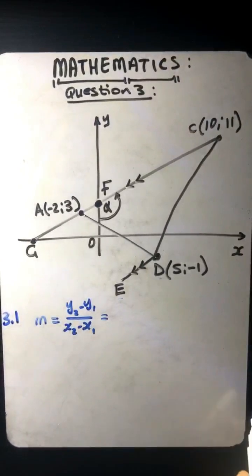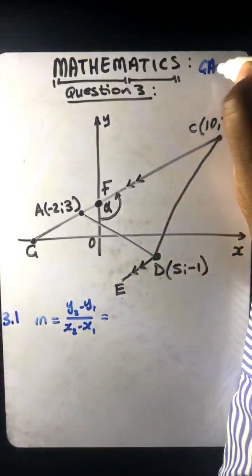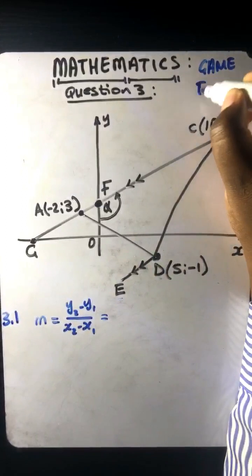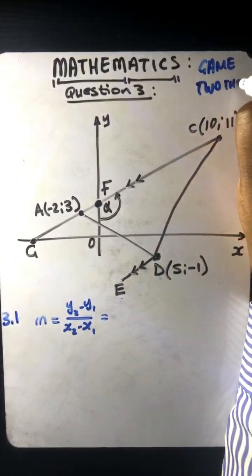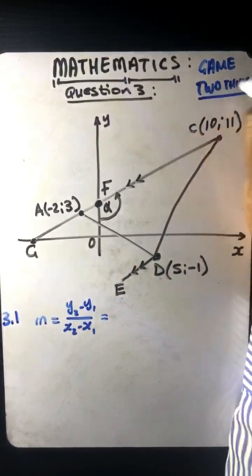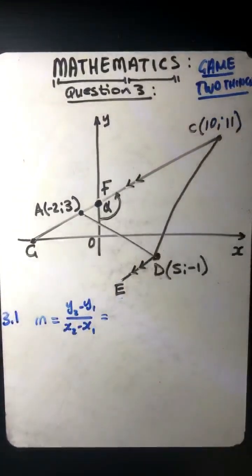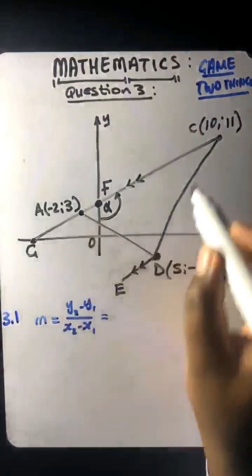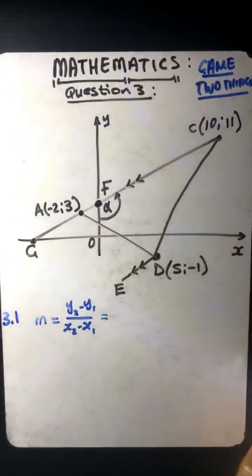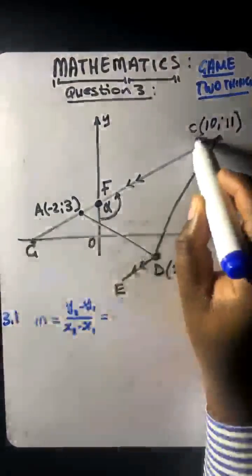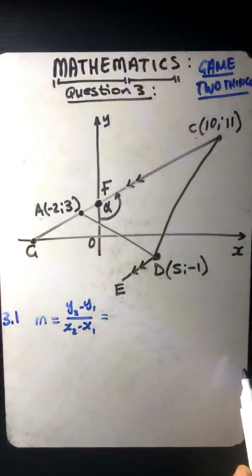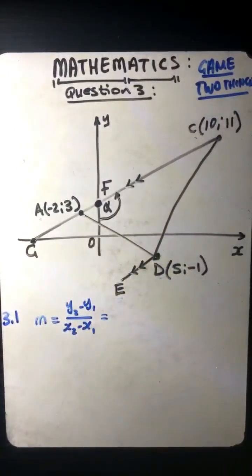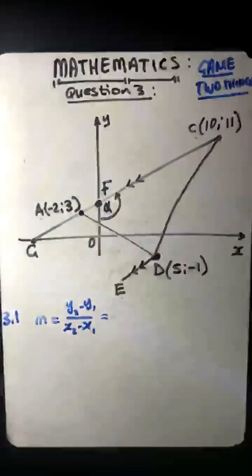Remember, analytical geometry is a game of two things. Very, very important, ladies and gentlemen. At all times when dealing with analytical geometry, ask yourself, do you have two things? In this case, they're talking about A and C. Do I have two things? Yes, I've got the coordinates of A and the coordinates of C.